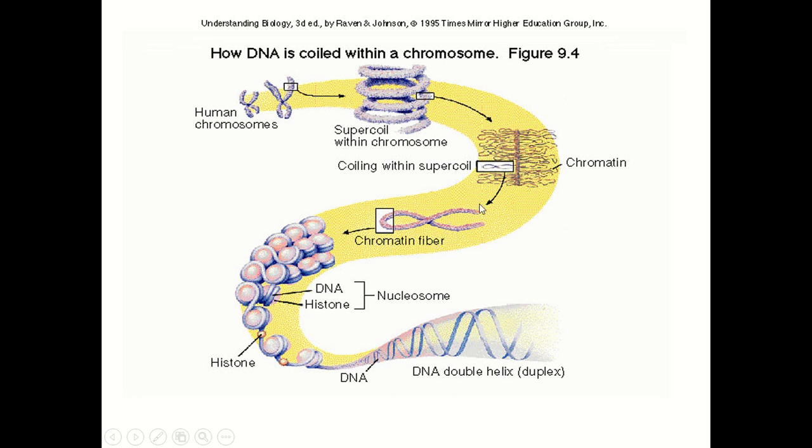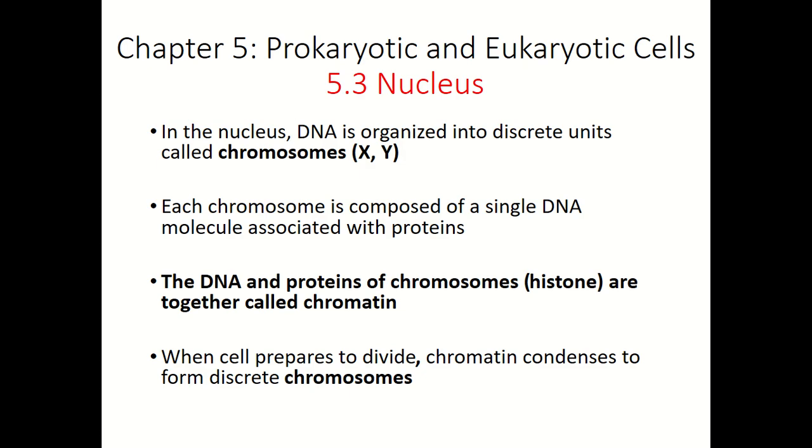The chromatin fiber will coil with other coils of chromatin fiber, forming the chromatin, and then the chromatin will coil again into the chromosome, and this is how the chromosome looks like.